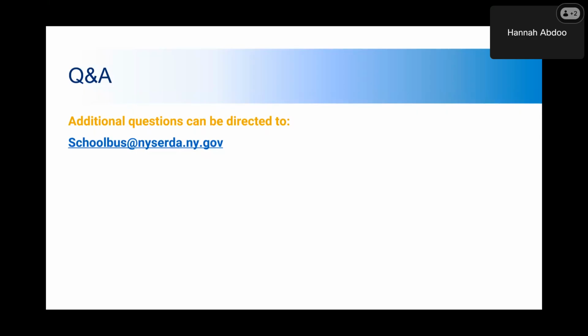That's regardless. Even beyond the fleet certification, we have a third-party operator addendum that must be signed by the third-party operator and the school district, so that the school district is aware that the contractor is applying for buses on their behalf. This really comes into play with the caps.